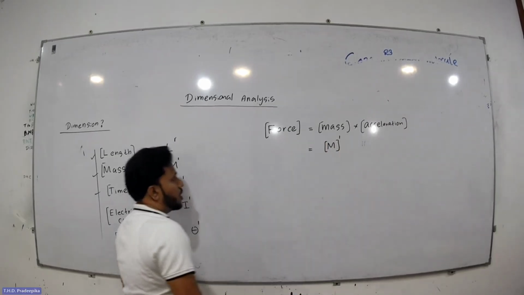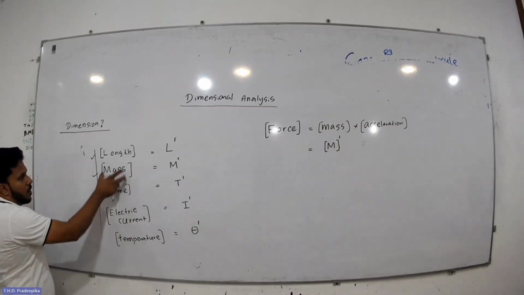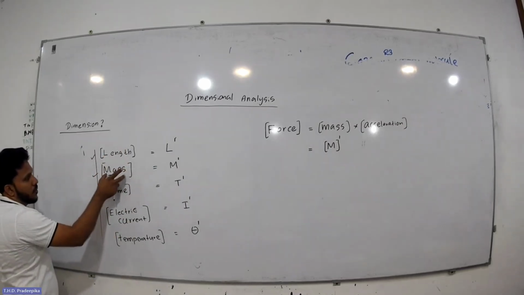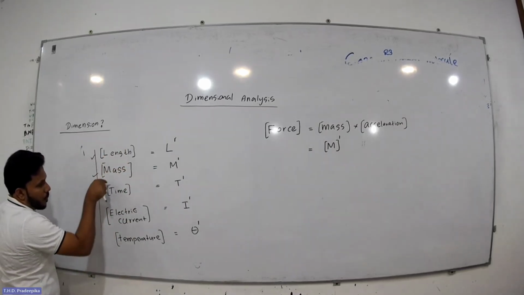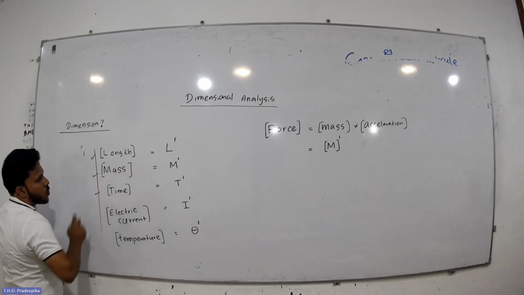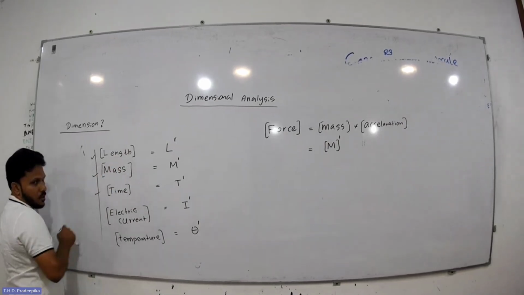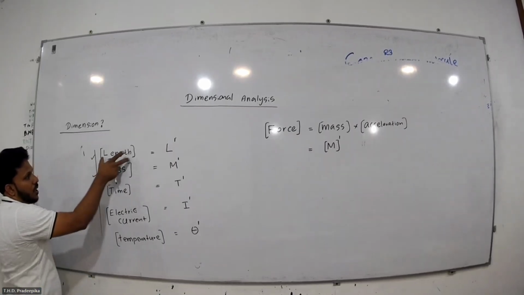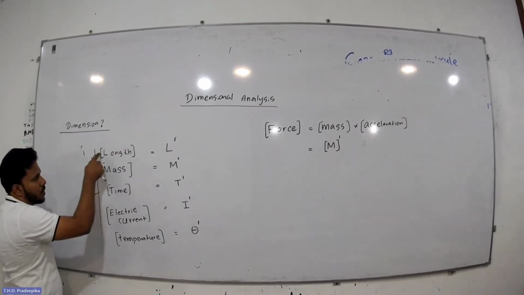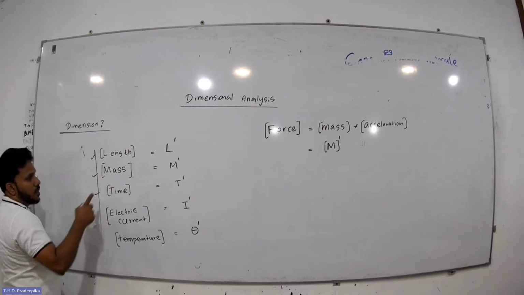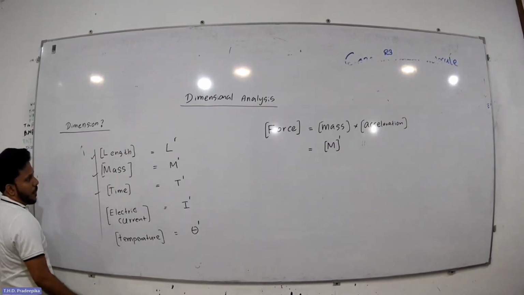Here I have written these physical quantities in between square brackets. This means the dimension of length. If a physical quantity is written in between these square brackets, it means the dimension of that physical quantity.